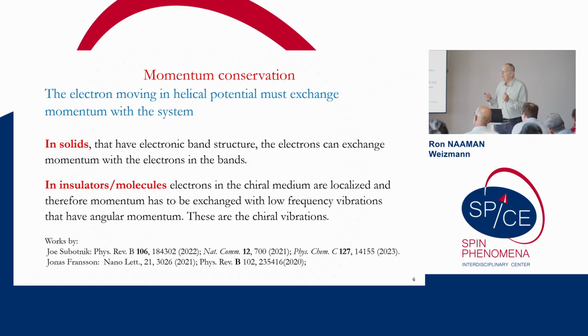So with what can this electron exchange momentum? The answer, of course, is phonons, low-frequency phonons. And perhaps I should say it up front. When I first presented it this way, a good and dear theoretician jumped and said, how can it be efficient?